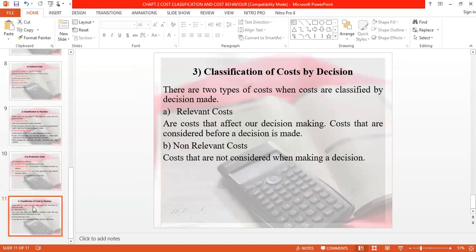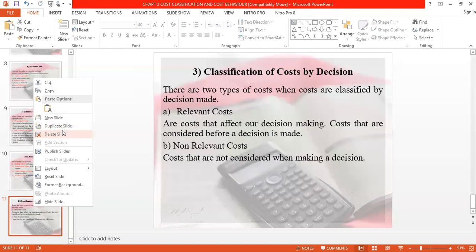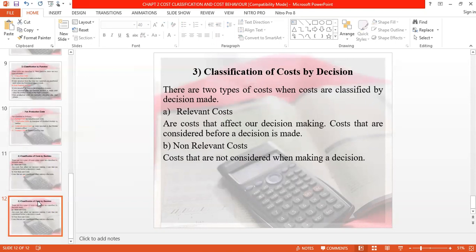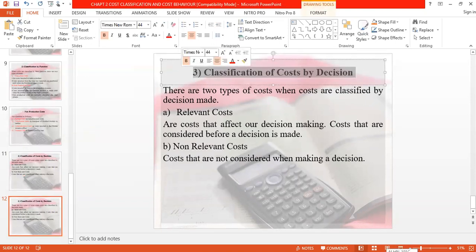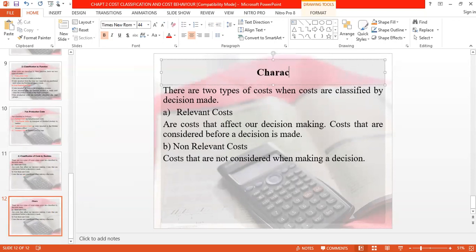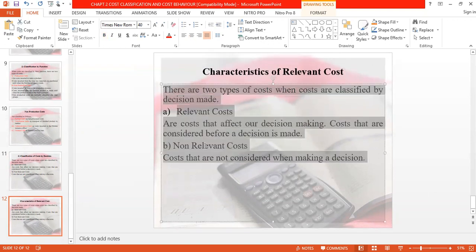Now, I want you to read on this and search on this. What are the characteristics of relevant costs? Search on that. This is an assignment you need to search on and understand what they are.